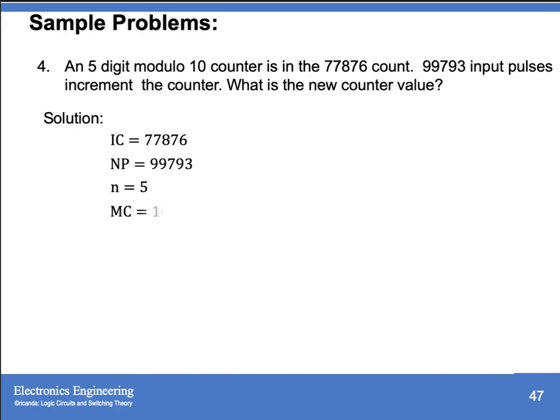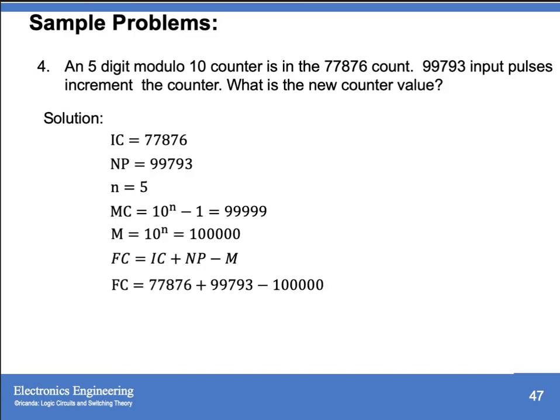The maximum count, that is 10 to the 5 minus 1, that is 99,999. Number of states is 100,000. So we have FC equals to IC plus NP, because it is to increment the counter, minus your number of states.